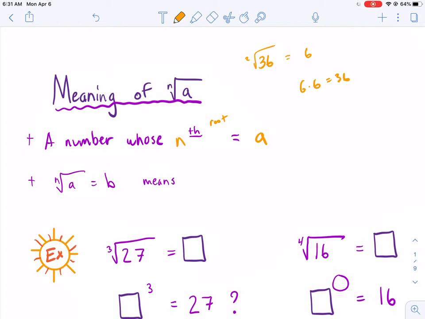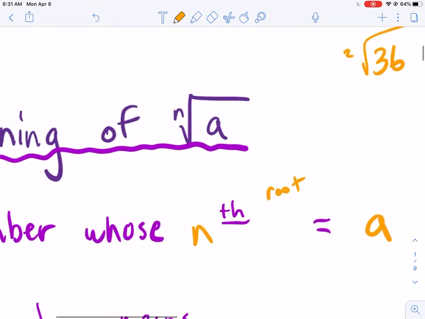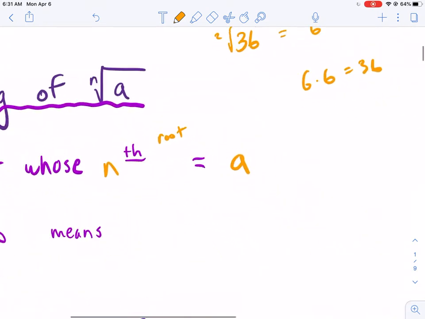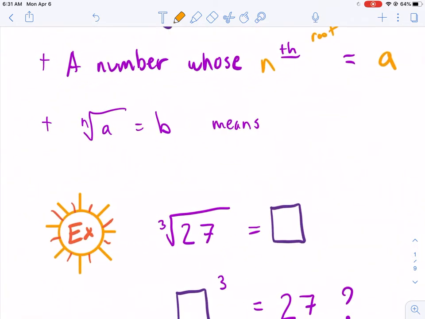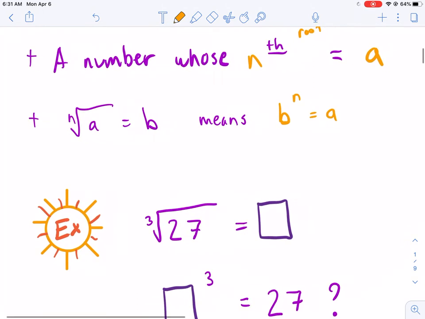Now we're thinking, okay, what times itself n number of times will be a? Okay, and that would be our answer. In other words, we can write it this way. So if the nth root of a equals b, then b to the n power equals a. So b multiplied by itself n times will give you a. So that's just the reverse of that.